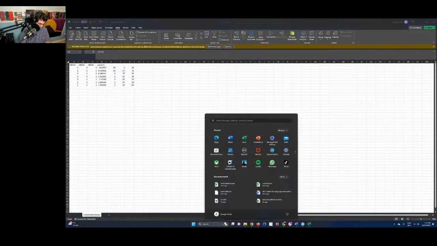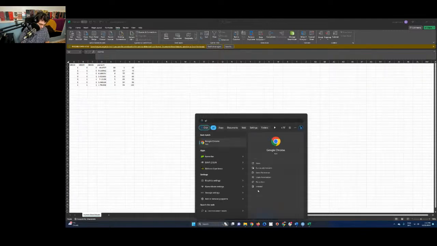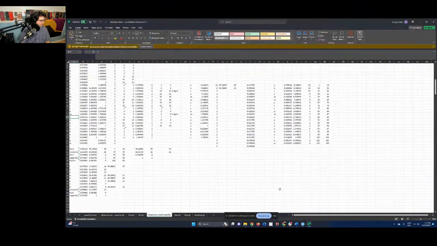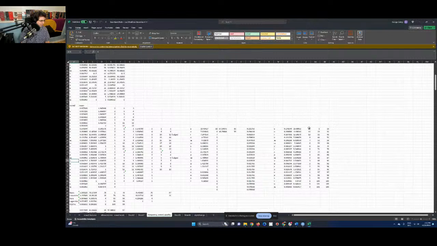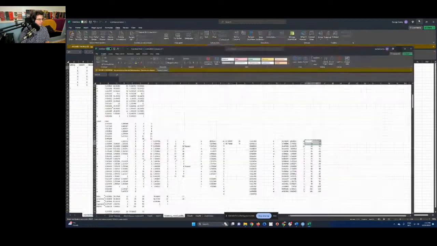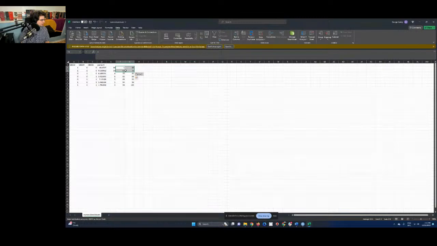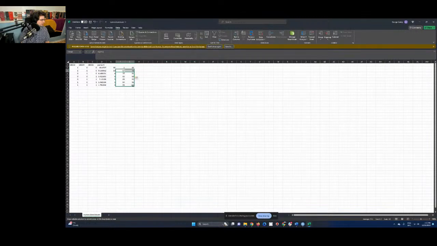Okay, I'm going to pull up my old one so that I can just copy paste my formula from, and then I will make sure that I have that right. Okay, yeah.